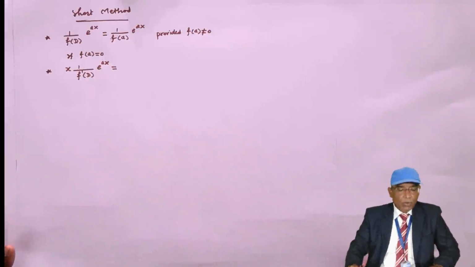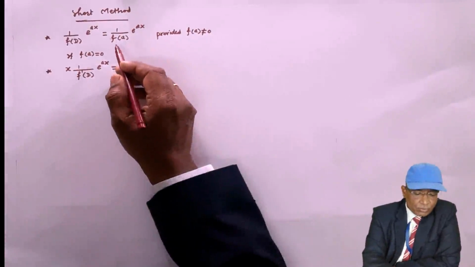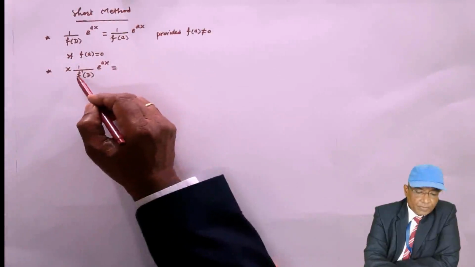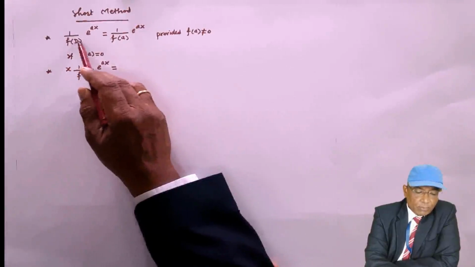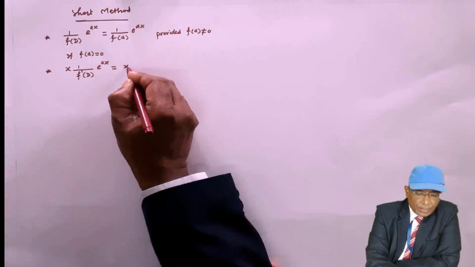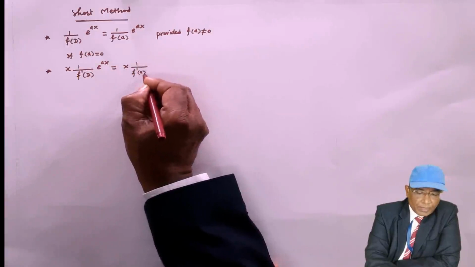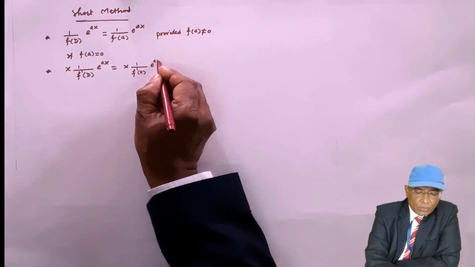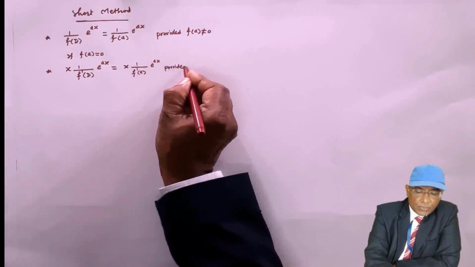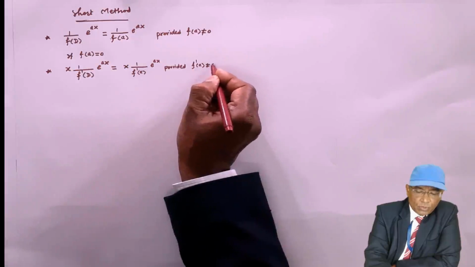By replacing d by a, if you get f of a equal to 0, then write down x outside of the operator and simultaneously take the derivative of the denominator separately with respect to d and then operate the operator. x times 1 by f dash of d, replace d by a now, f dash of a, on e to the power ax, provided f dash of a is not 0.